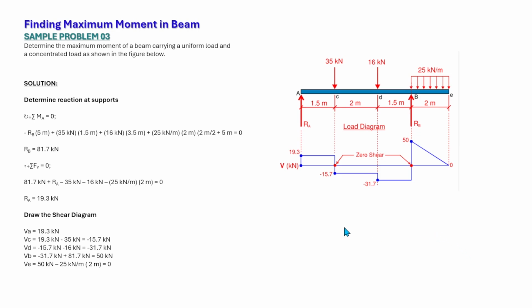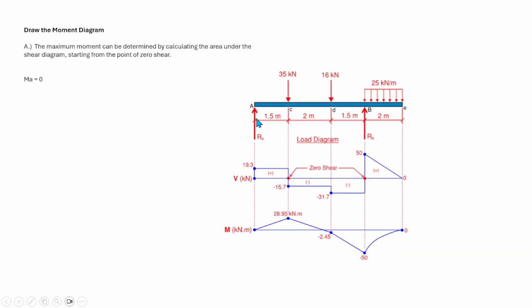Now we can proceed to draw the moment diagram. To draw the moment diagram, the maximum moment can be determined by calculating the area under the shear diagram, starting from the point of zero shear. If we have the load here, this is our shear diagram. For the moment diagram, we start from point A. The moment at point A is equal to 0.